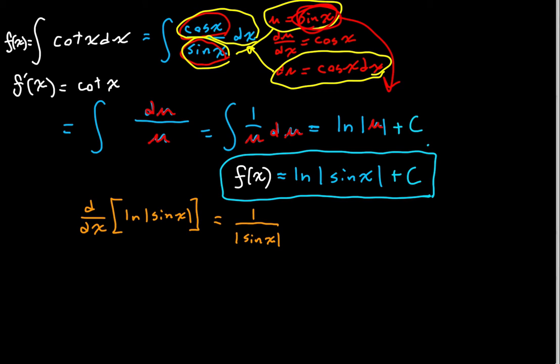Now we multiply by the derivative of the inner function. And hopefully I convinced you in the last video that the derivative of the absolute value function, thinking of it as an outer function, is going to be the absolute value over the value within those bars, right?